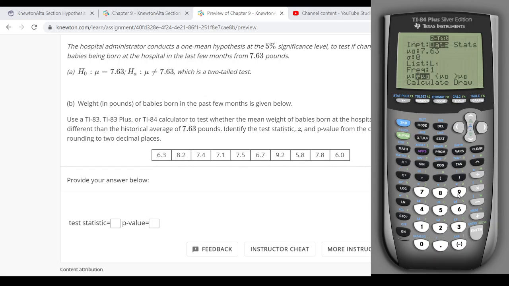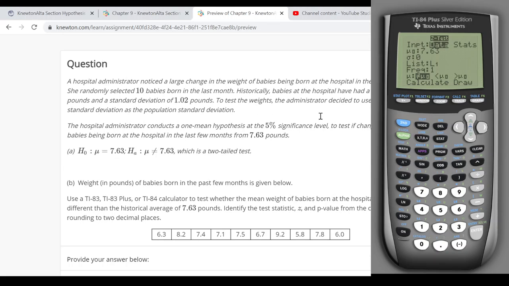That's the mean from the null hypothesis. That's what mu is. Then what is sigma? What is the population standard deviation? And again, we were told back in the problem that it was 1.02, right? Standard deviation of 1.02 for the previous population. So I enter 1.02 there.